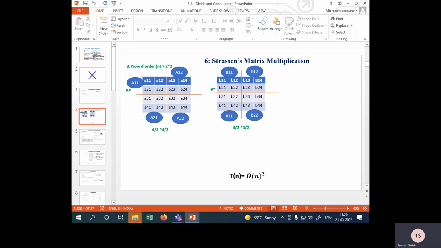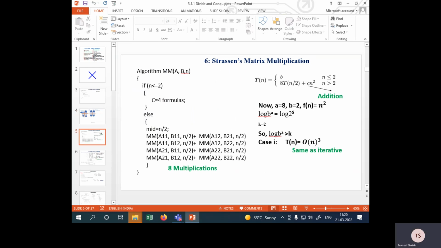A11 has to be multiplied by B11 plus A12 has to be multiplied by B21, A12 B21, and its size is also n by 2, and we take their addition because we multiply the row to the column and take their multiplication. This will be the first call.